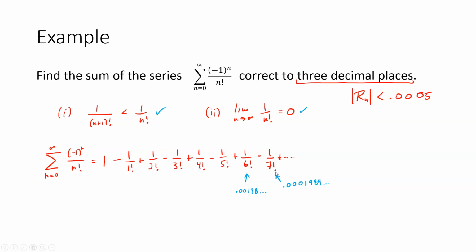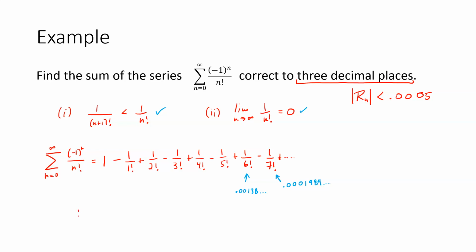Now, which of these terms is the first term to go below the desired error that we wanted? I noticed that here 1 over 7 factorial is the first one to go below that desired error. So we're going to treat that like our Bn plus 1. Since the 7th term goes below that desired error, we know that the sum of the first 6 terms that come before it will be accurate within that desired error.